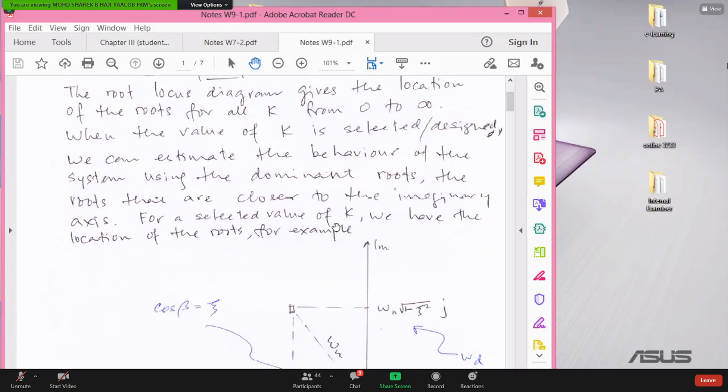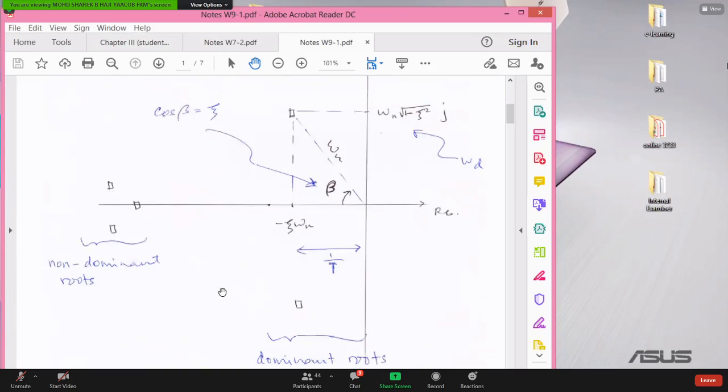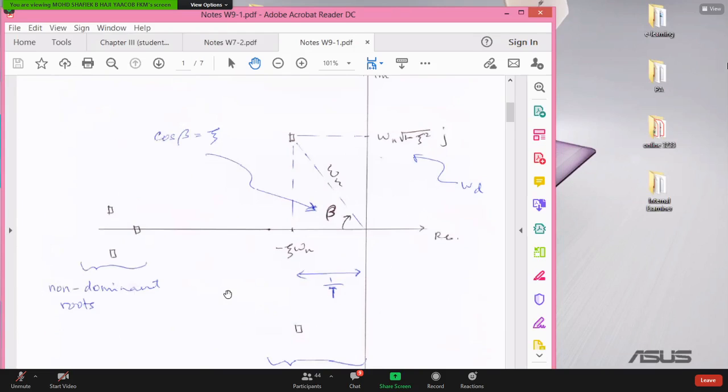For that particular value of K, we are going to have the location of the roots. Okay? If we have a third order system, we are going to have 3 roots. If this is a fourth order system, we're going to have 4 roots. If we have a fifth order system, we're going to have 5 roots. So the little square here is the possible location of the roots for a selected value of the gain K.